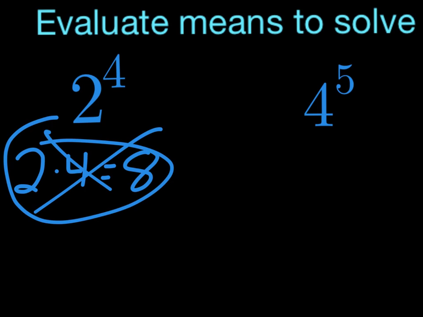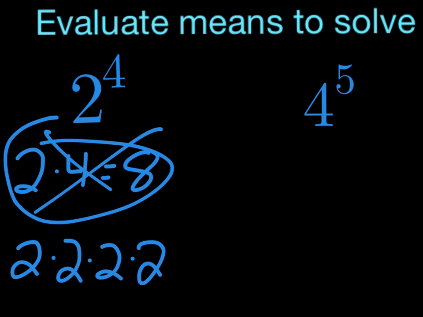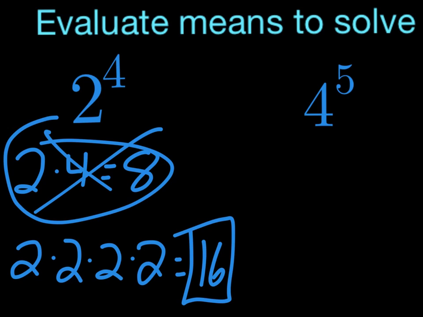What this is saying is 2 multiplied by itself 4 times. And when you do that, you get 2 times 2, which is 4, times 2, which is 8, times 2, which is 16. So that would be the correct evaluation for that problem.